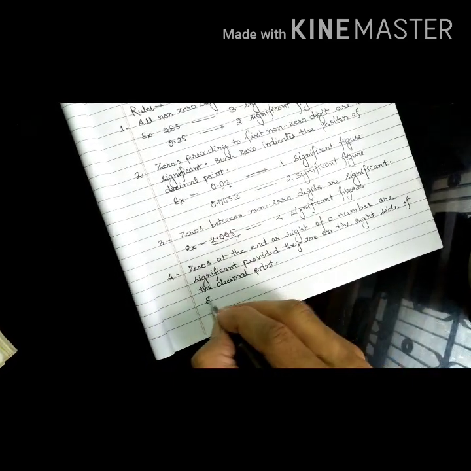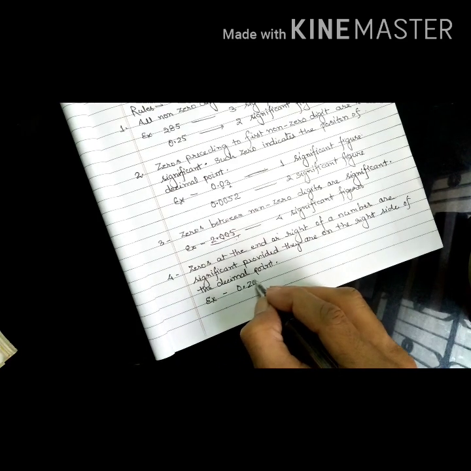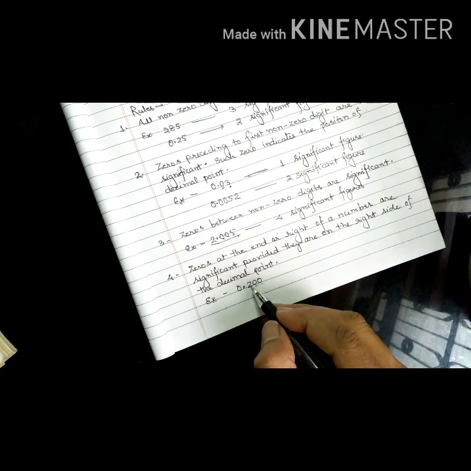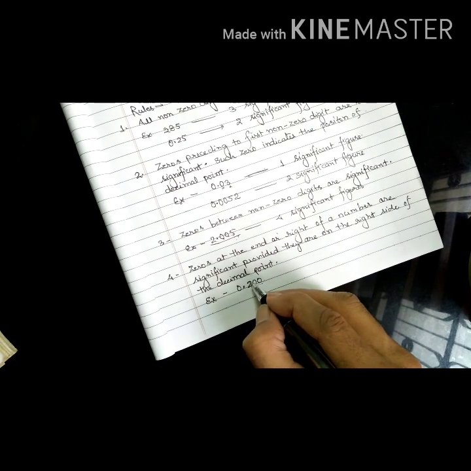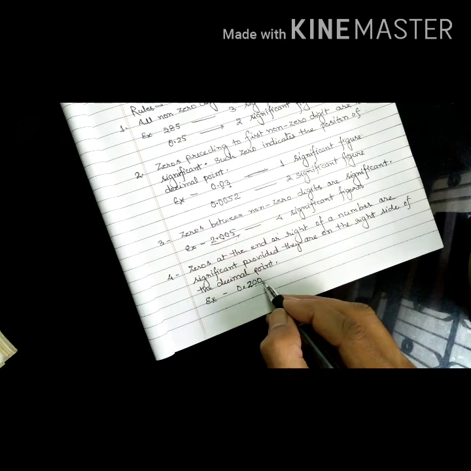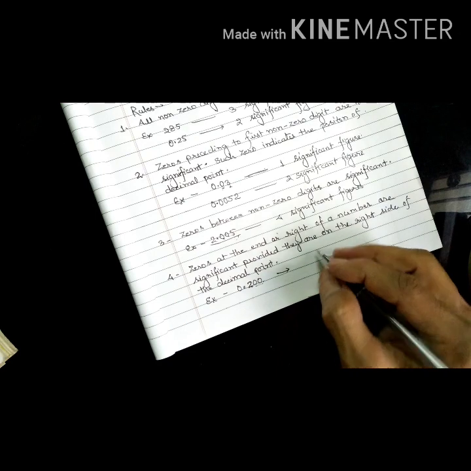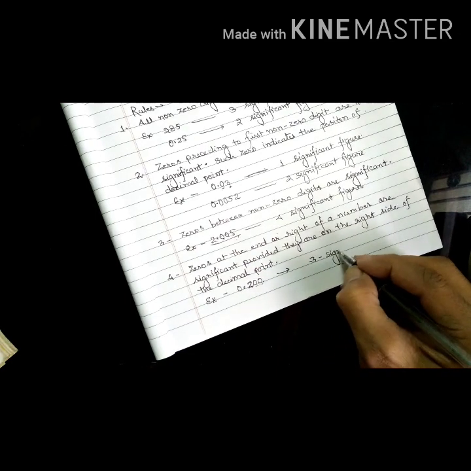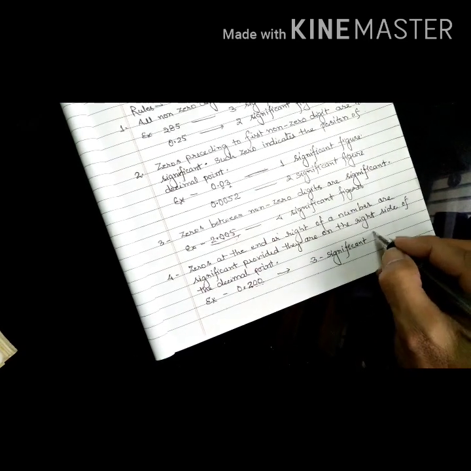Let's take an example. 0.200. So these two zeros are at the end, or we can say at the right side of the decimal point, so they are also significant. So there are three significant figures.